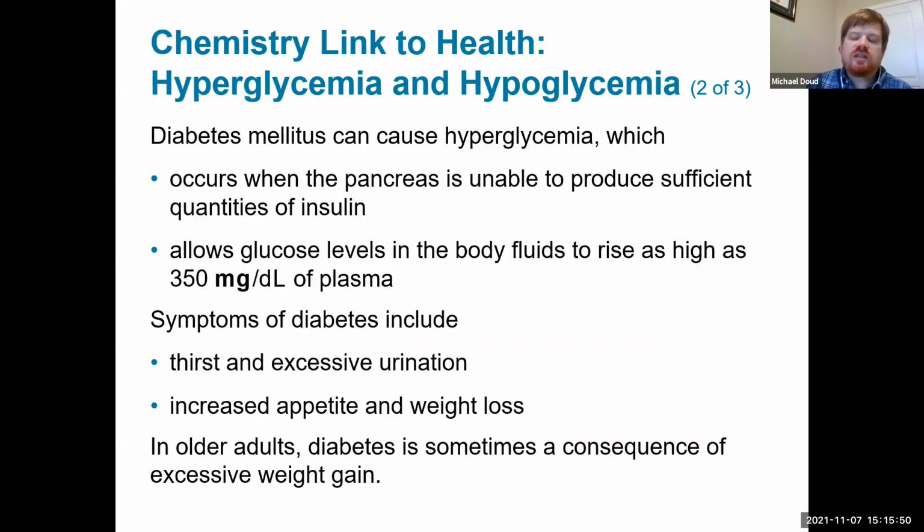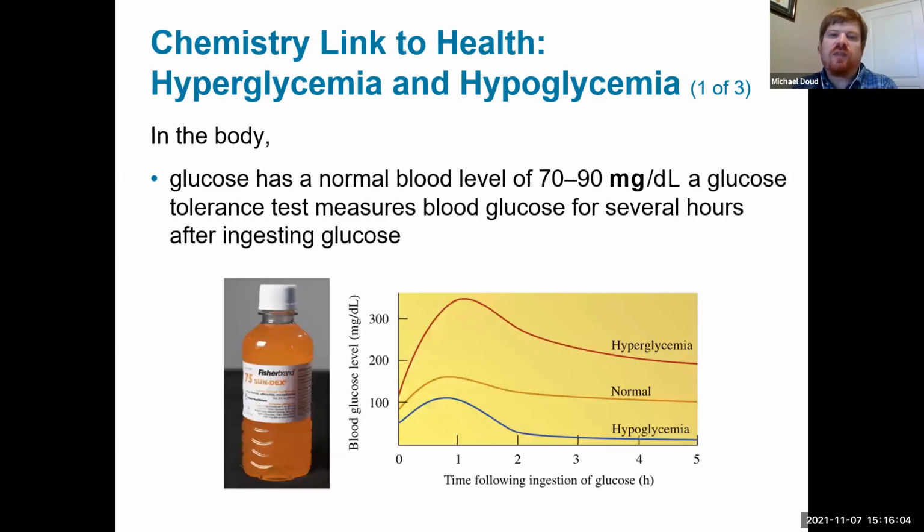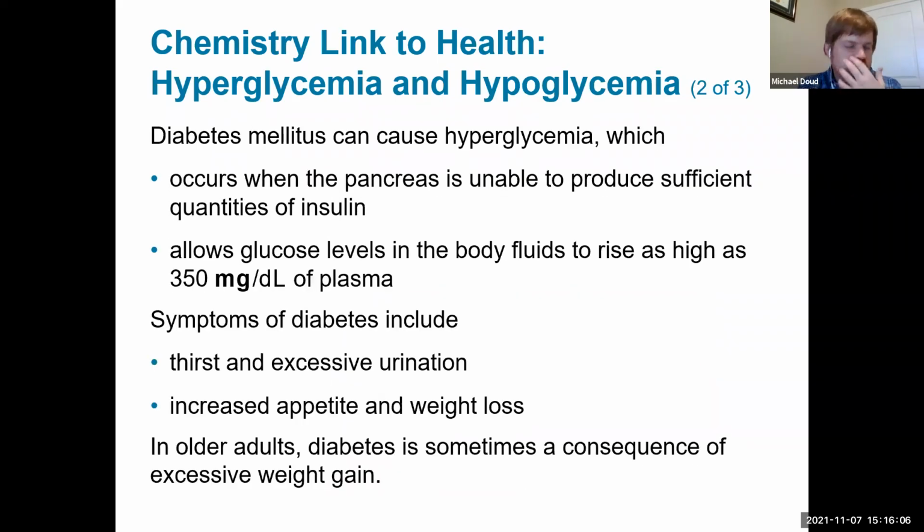Because insulin's not there, you don't process glucose as quickly as the normal patient does. So the glucose levels can rise to as high as 350 milligrams per deciliter. Note that that's about 5 times as high as it should be.